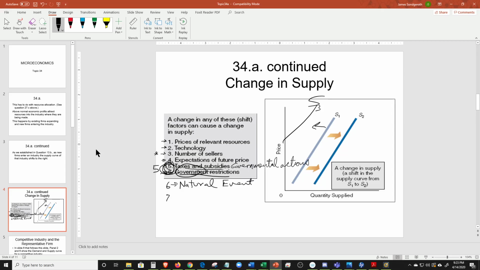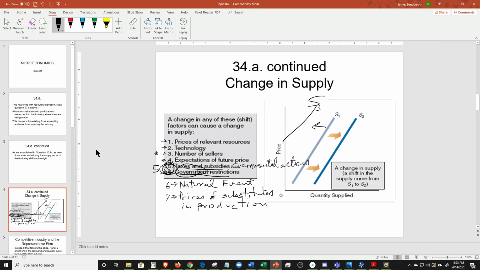And then 7 had to do with the prices of substitutes in production.